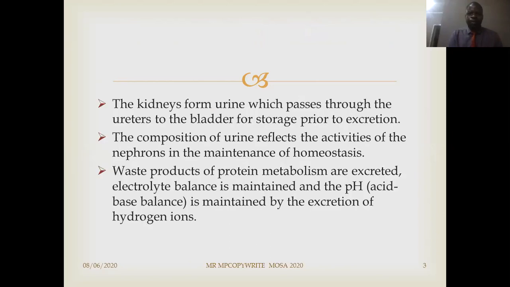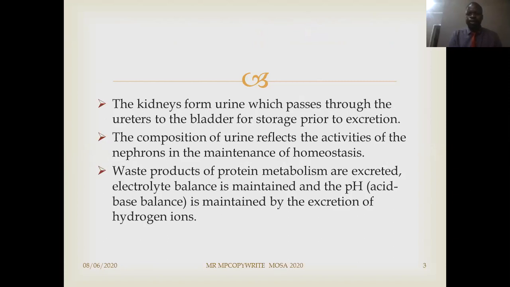So the kidneys form urine which passes through the ureters to the bladder for storage prior to excretion, which we described earlier on. The composition of urine reflects the activities of the nephrons in the maintenance of homeostasis. There are times when urine looks concentrated, and that simply means that the nephrons in the kidneys are dehydrated.